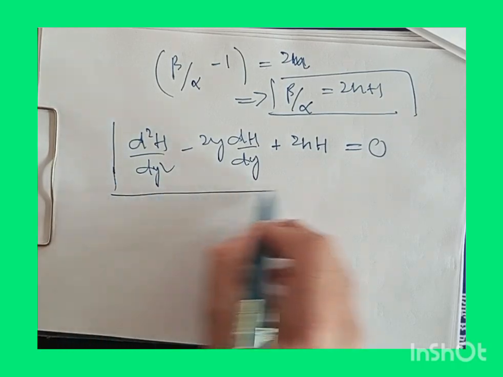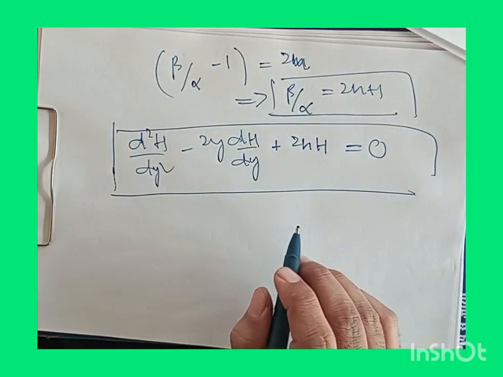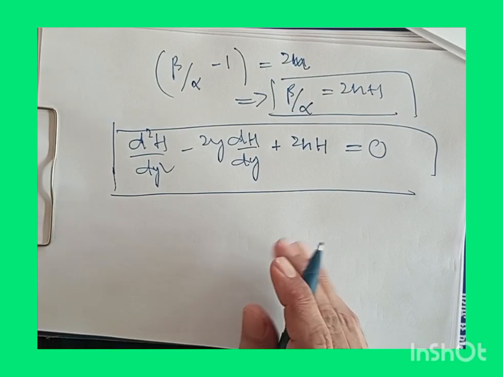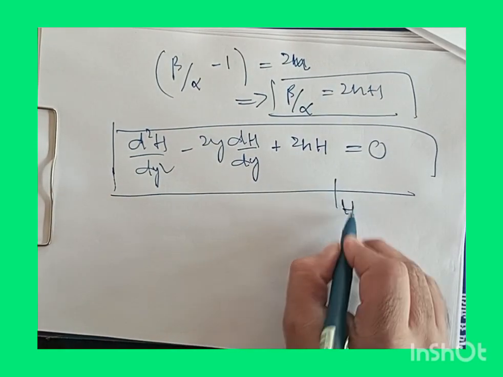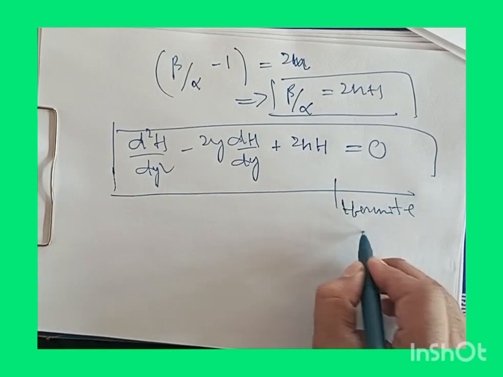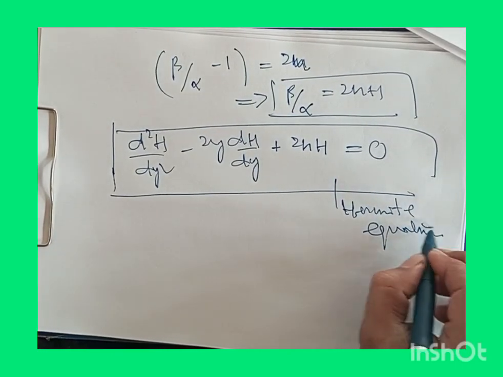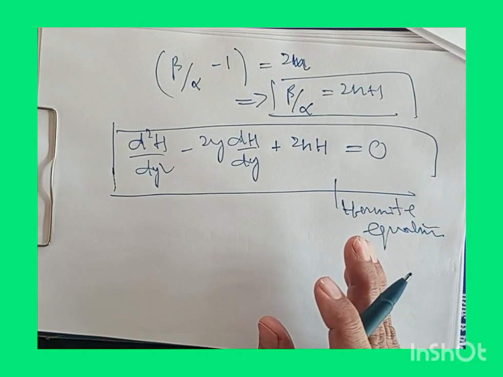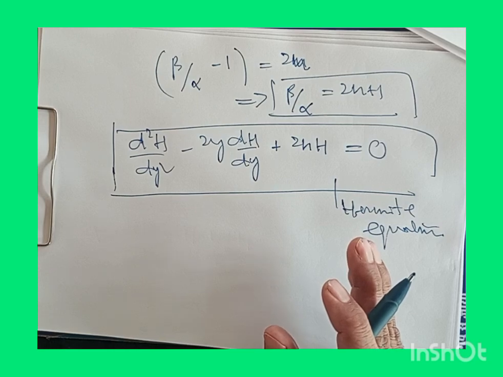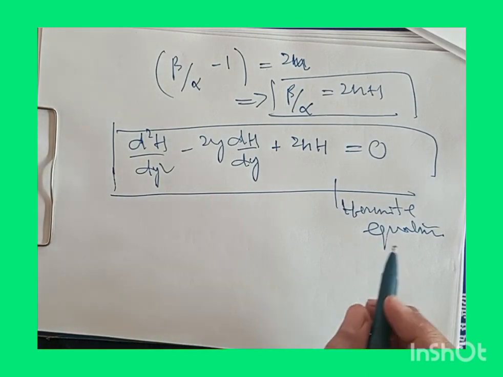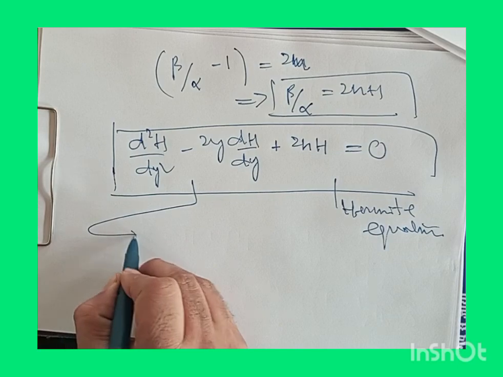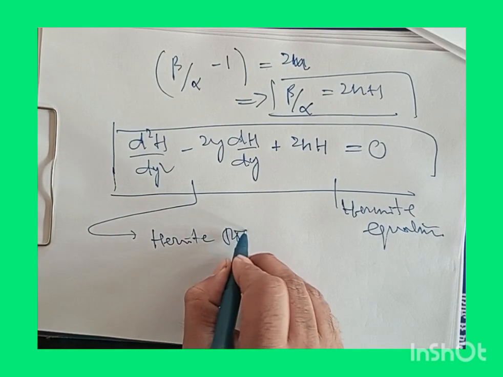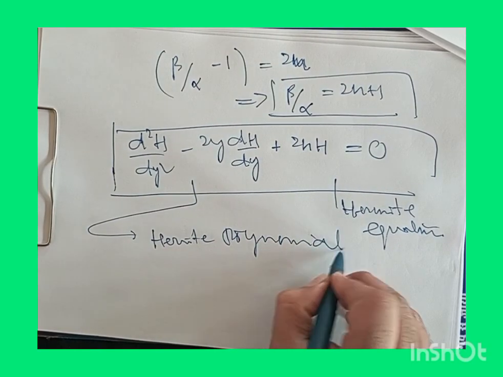Now, this is the standard mathematical equation, and this equation is known as the Hermite equation. And the solutions of this equation are called Hermite polynomials.